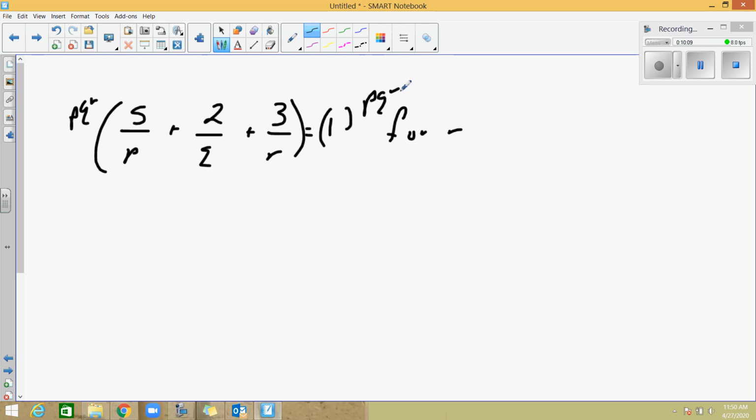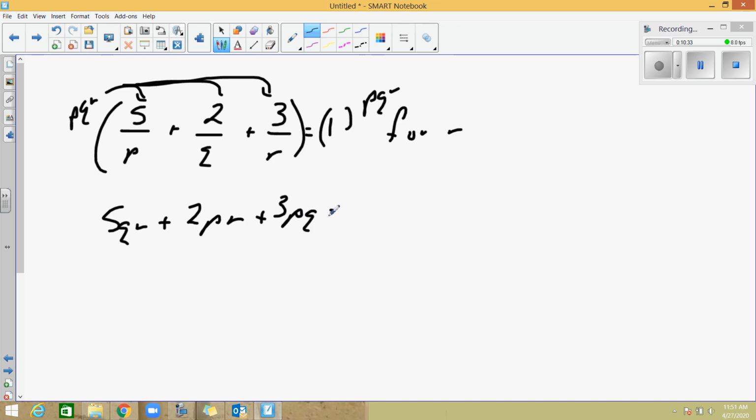When I distribute, my p's reduce, and I get 5qr. When I distribute here, my q's fall apart, and I get plus 2pr. When I distribute this one over here, my r's fall apart, and I get plus 3pq. And 1 times anything is that thing, so pqr.